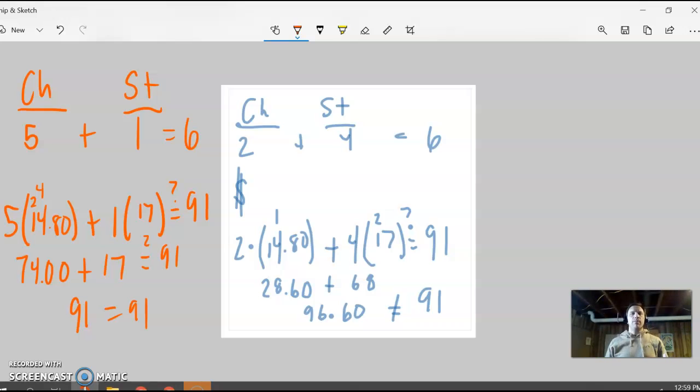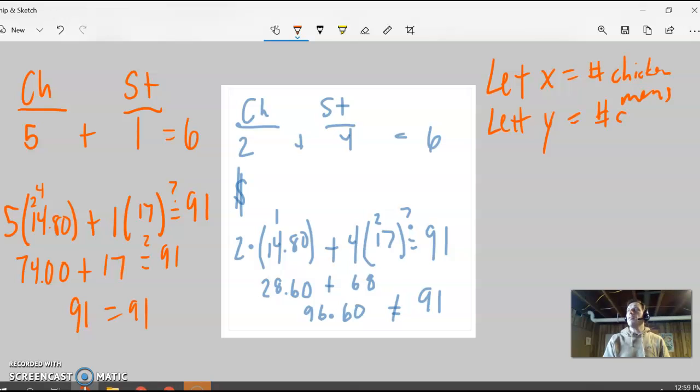Okay, now pretend we didn't see that. We could go ahead and go through these problems and say, let's let X, right? And sometimes you find it by guessing, cool. But let's still think about this. So let X equal the number of chicken meals. And let's let Y equal the number of steak meals.